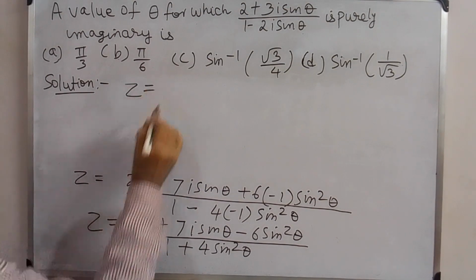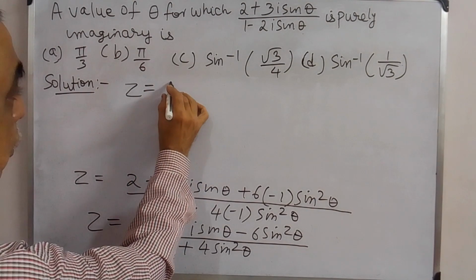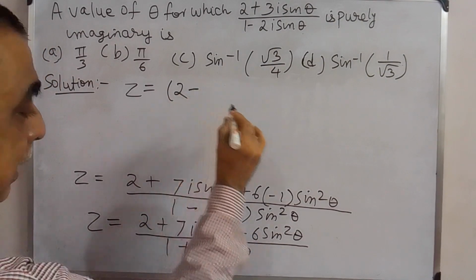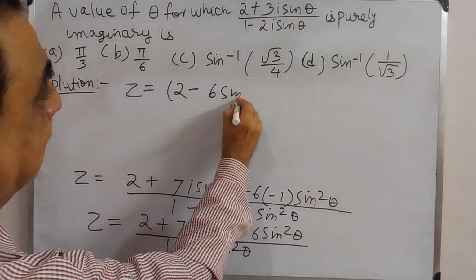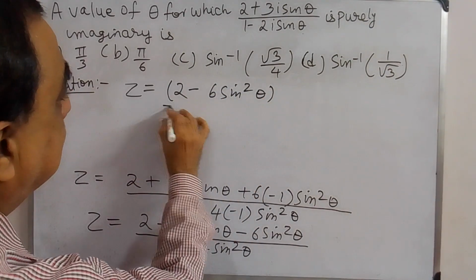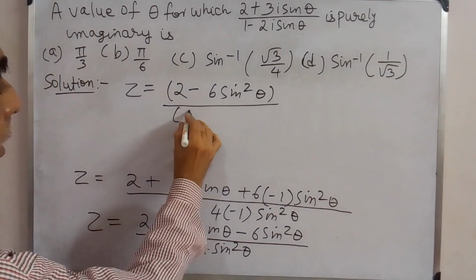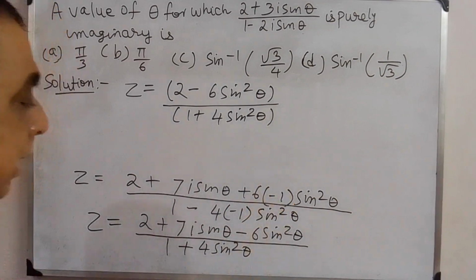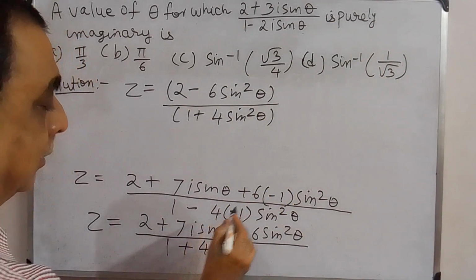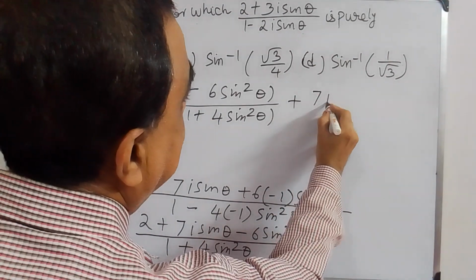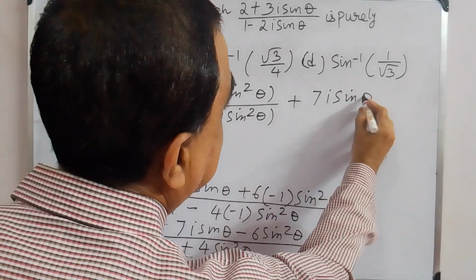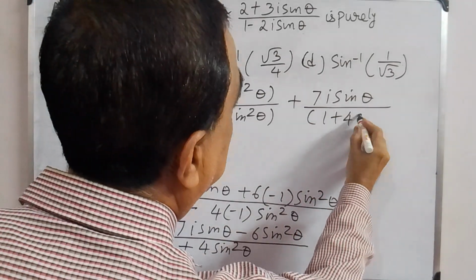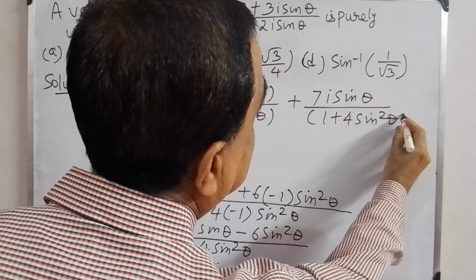So z becomes equal to, the real part is (2 − 6 sin squared theta) divided by (1 + 4 sin squared theta), and the imaginary part is 7i sin theta divided by (1 + 4 sin squared theta).